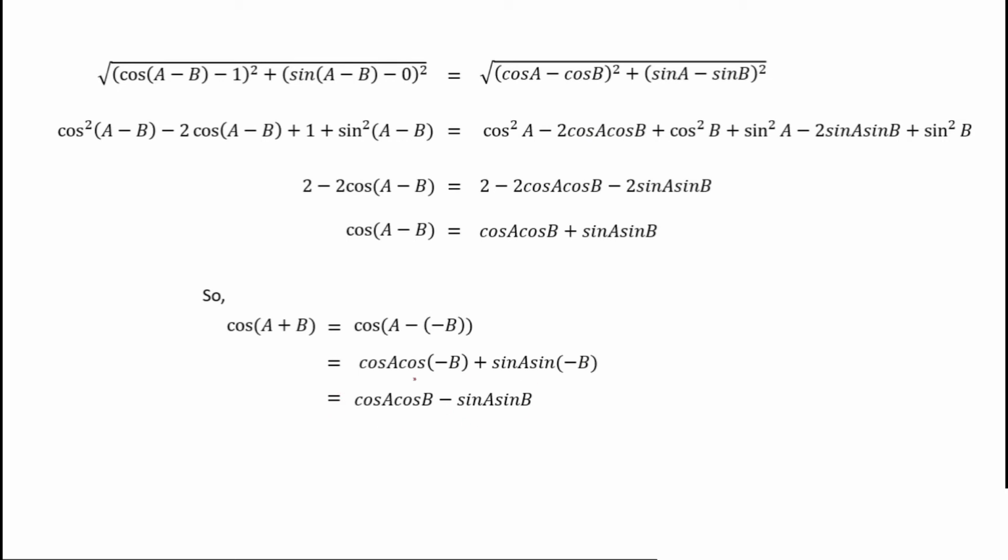So minus sine A sine B, and this would be our second identity. This is the one for the cosine of A plus B.